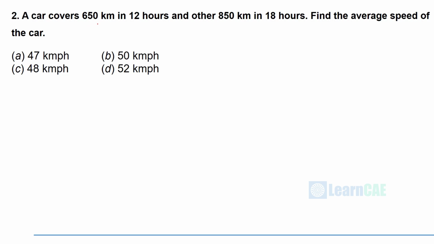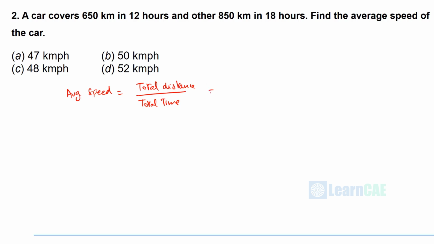A car covers 650 kilometers in 12 hours and other 850 kilometers in 18 hours. Find the average speed of the car. The average speed is given by total distance divided by total time.